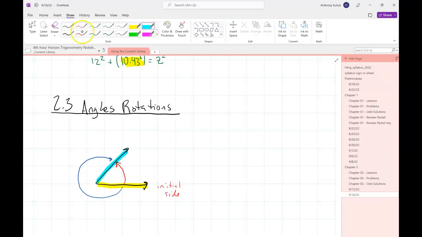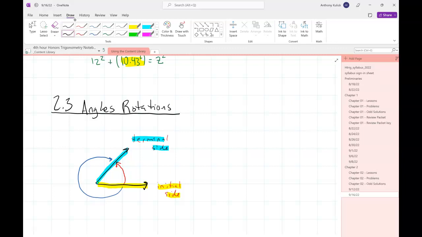And we'll name the other arm of our angle, the one where the arrow stops, the terminal side. That's convenient naming since it describes exactly what's going on. Initial where we start, terminal where we stop.